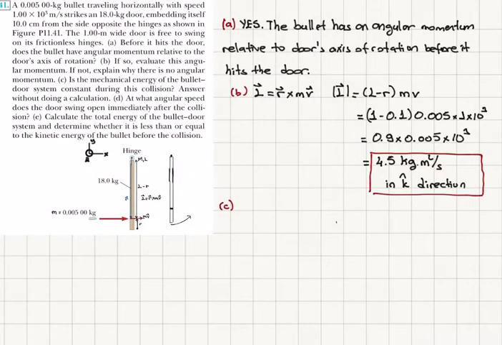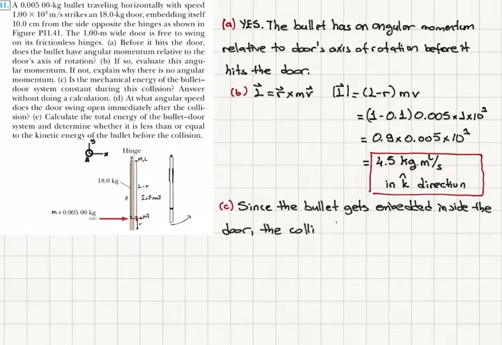Is the mechanical energy of the bullet door system constant during the collision? And I want to answer this question without doing any calculations. Since the bullet gets embedded inside the door, the collision is inelastic, and therefore the kinetic energy is not conserved.